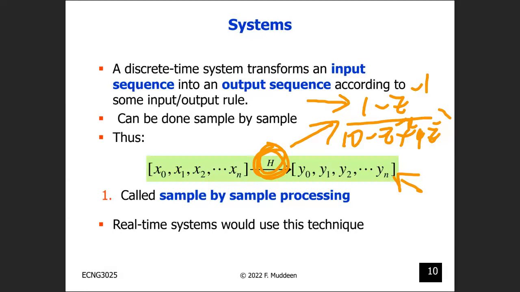Many systems do what is known as sample by sample processing. As x0 comes in, the system gives me a value y0. x1 comes in, y1 comes out. x2 comes in, y2 comes out. Most real-time systems would use this.